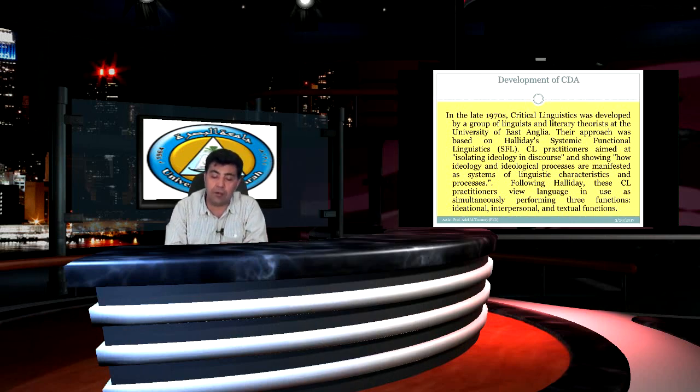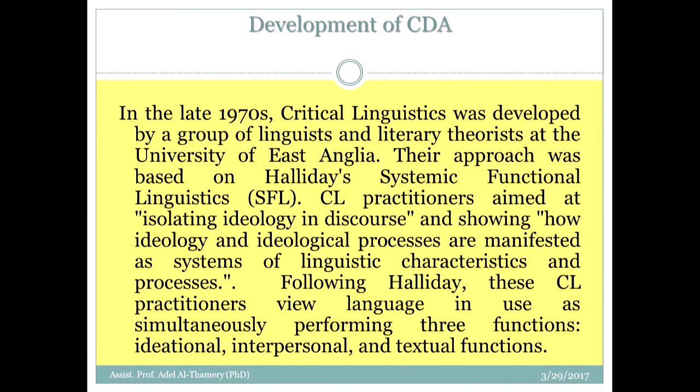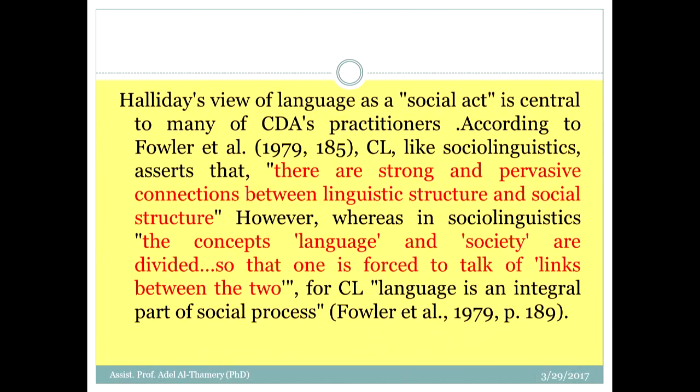At the beginning, this kind of thought was called critical linguistics, and the practitioners aimed at isolating ideology in discourse and showing how ideology and ideological processes are manifested as systems of linguistic characteristics. In their attempt, they followed Hallidayan systemic functional linguistics, and especially the three metafunctions: the ideational, interpersonal, and textual functions. According to Halliday, language is considered a social act, and this idea of social act is highly central to many CDA practitioners.